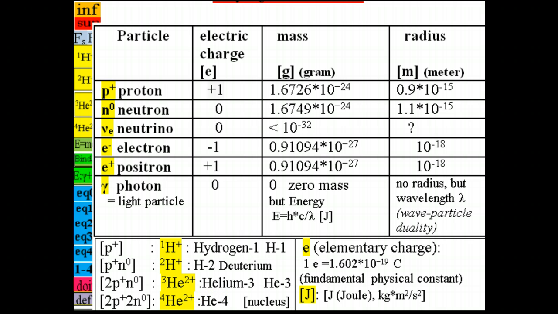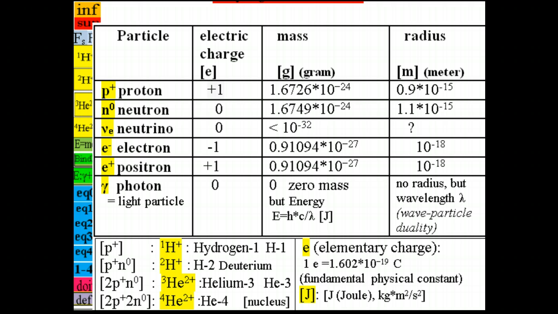Please remember that the name isotope of an element means that it has the same number of protons. So for helium, 2 protons, but it has different numbers of neutrons.